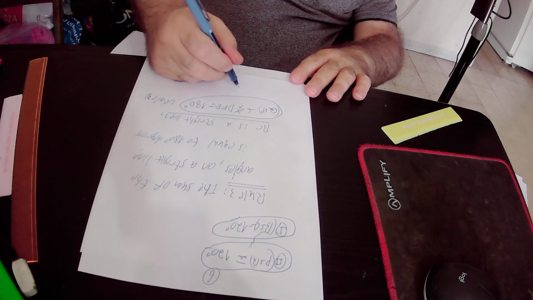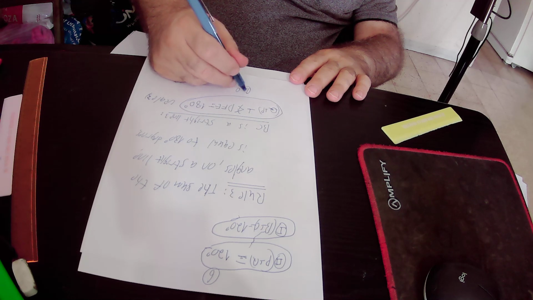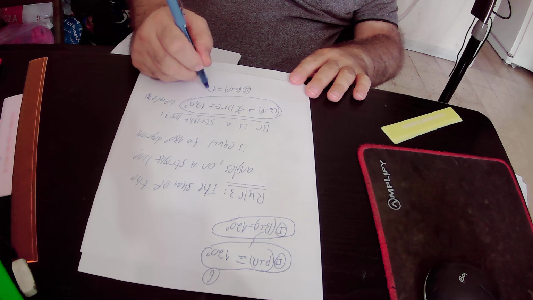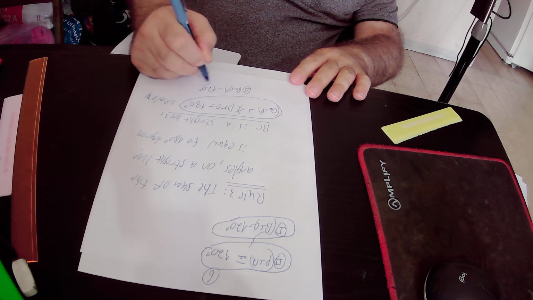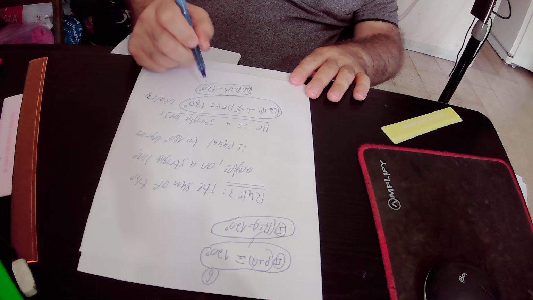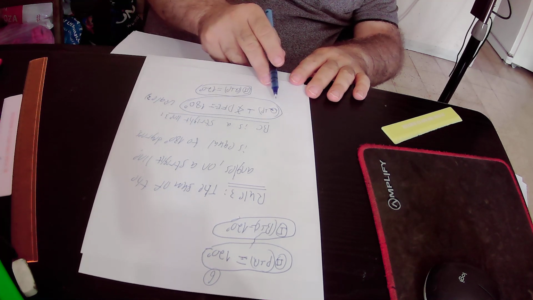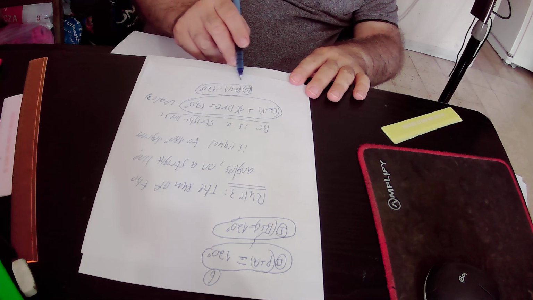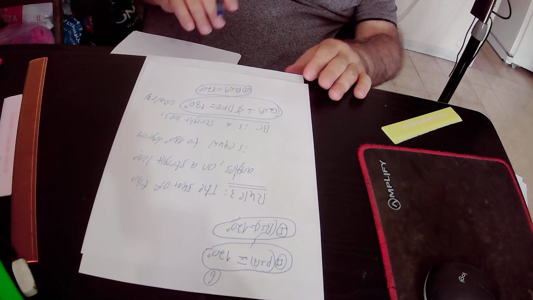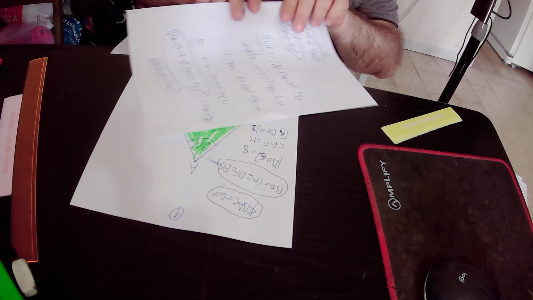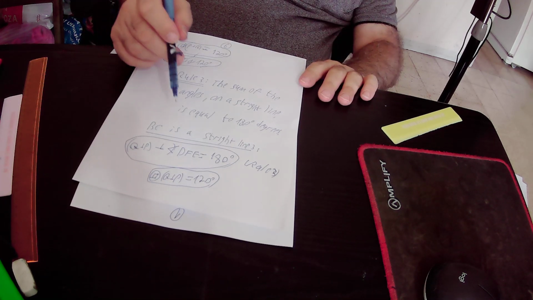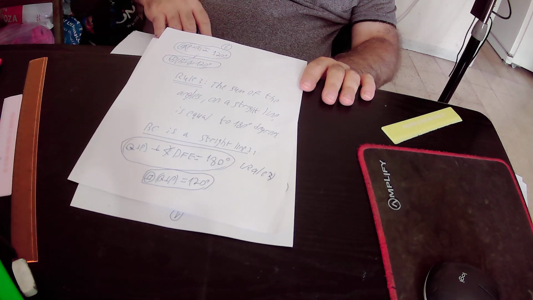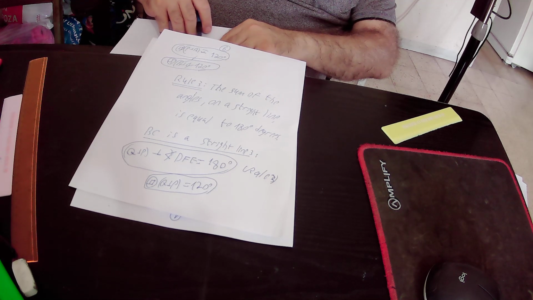So we can substitute Q plus P in this equality by 120 degrees according to equation number 2, because Q plus P equals 120 degrees.